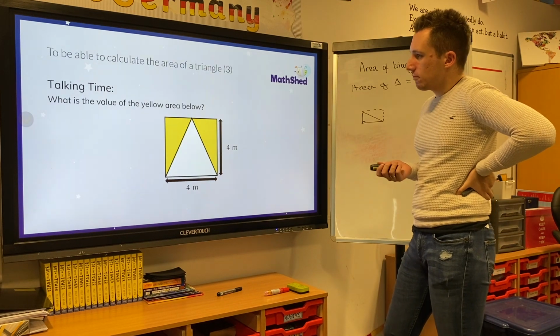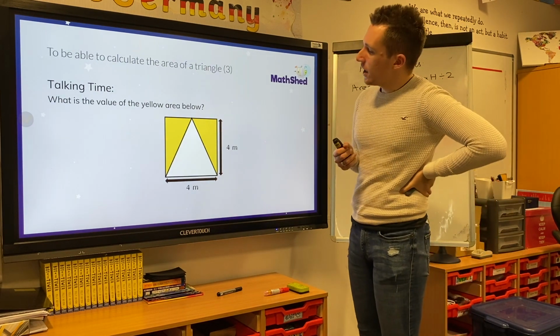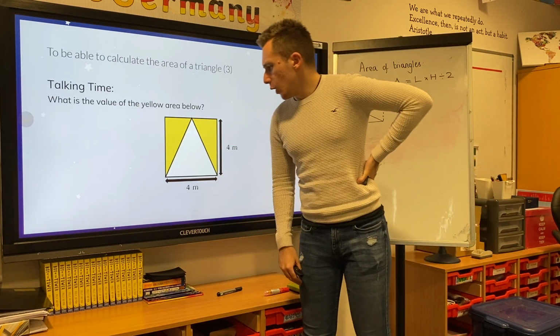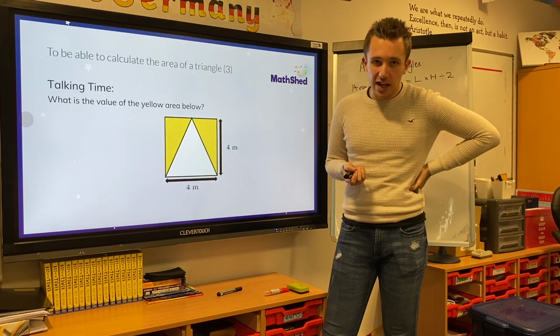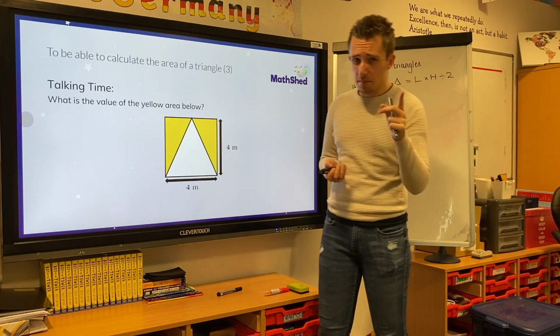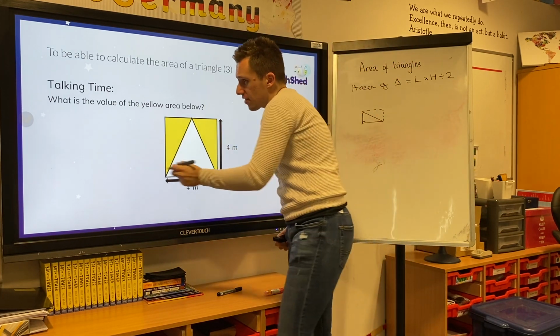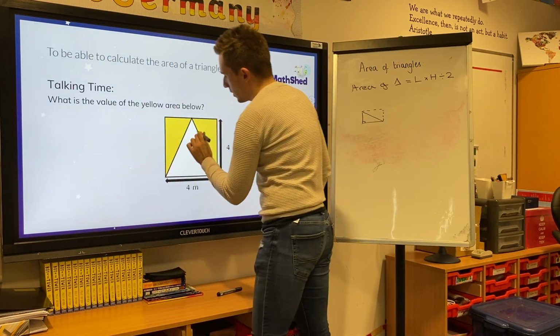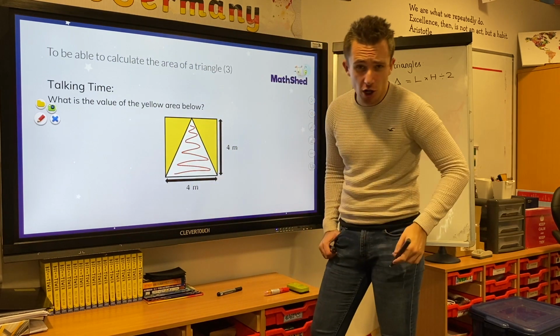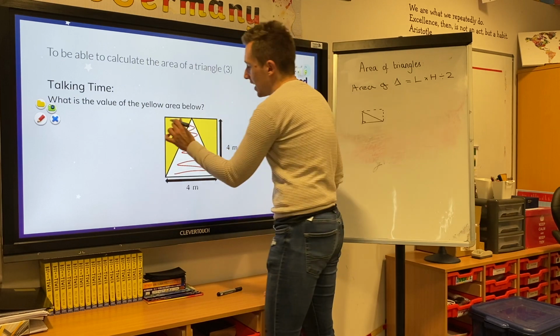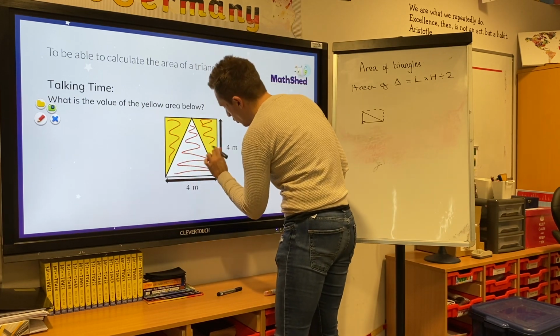Okay. So the final thing we're going to be looking at today is, well, what's the area of the bit outside the triangle? Well, it's the same as the bit inside the triangle, because remember, the area of this beautiful Christmas tree I've just drawn is the same as all of this.